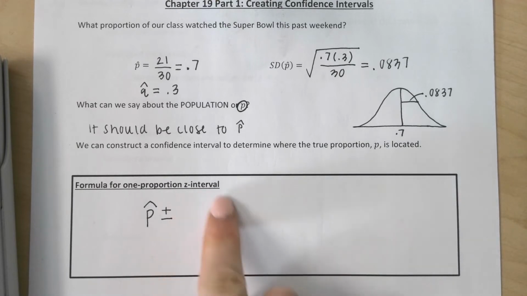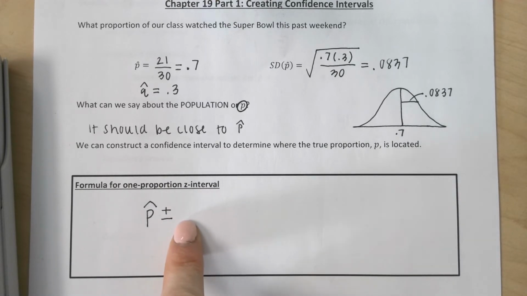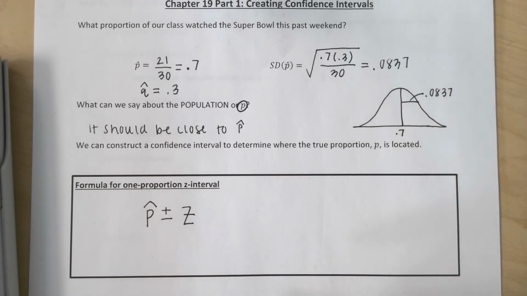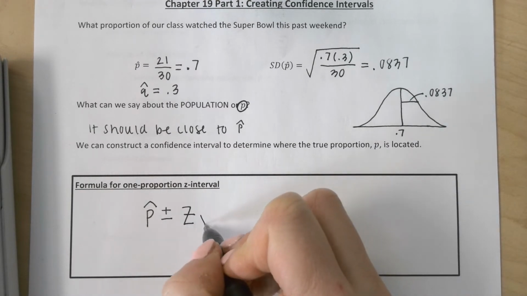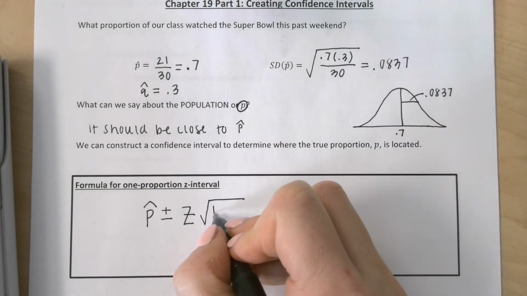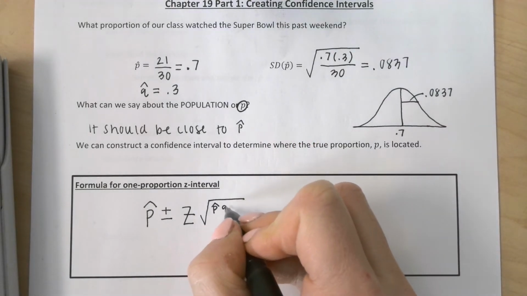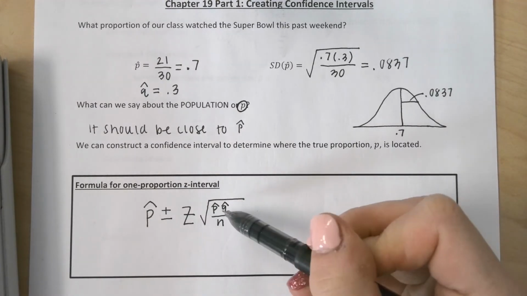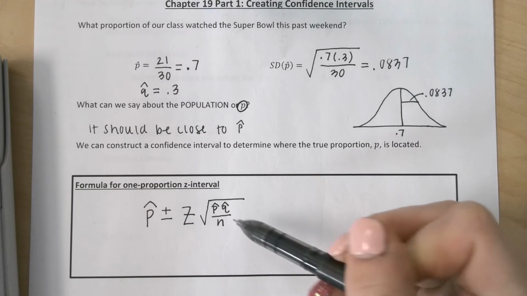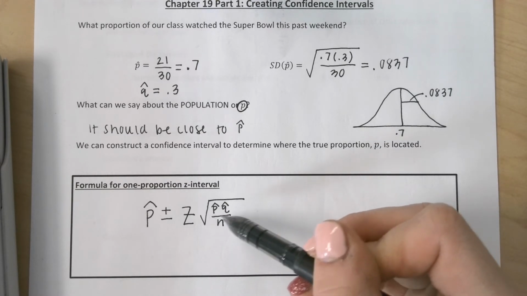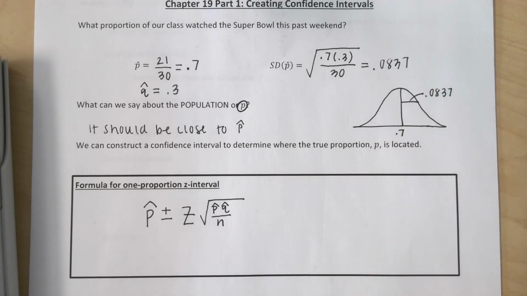And to find this distance, I'm going to take a z-score and multiply that z-score by the standard deviation, which was the square root of P hat times Q hat over n. I am using P hat and Q hat here instead of just P and Q because I don't know what P and Q are, so my best guess is P hat.